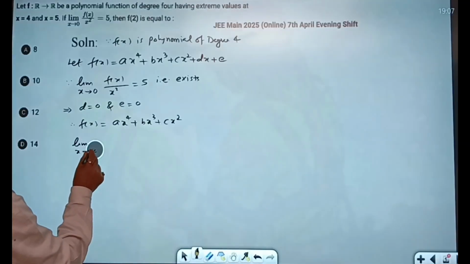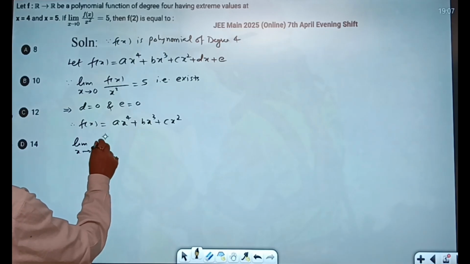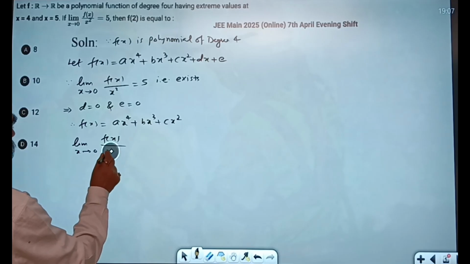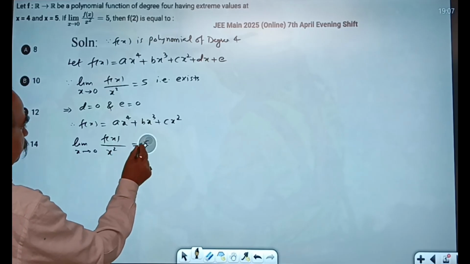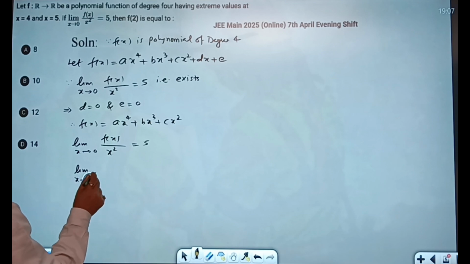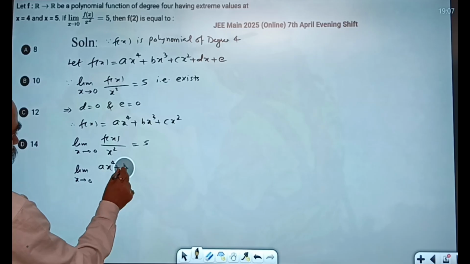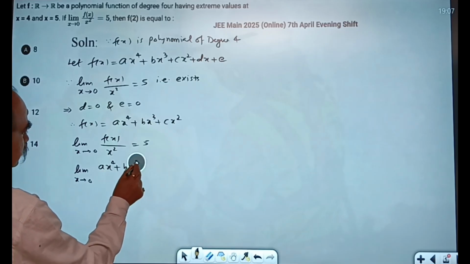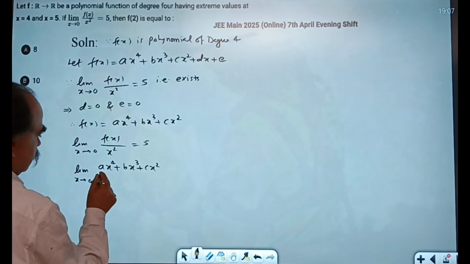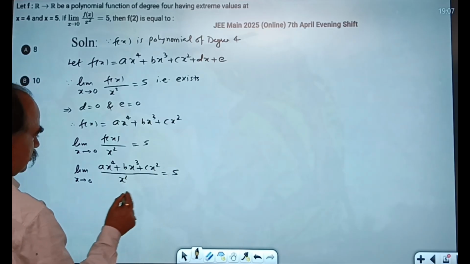Limit x tends to 0 of f(x) upon x square, which is 5, will give limit x tends to 0 of ax raised to 4 plus bx cube plus cx square upon x square is 5.